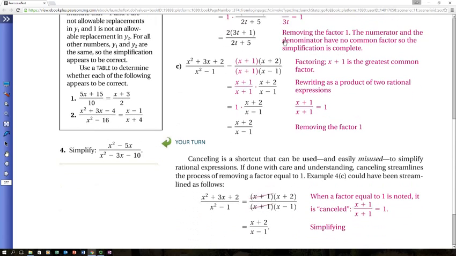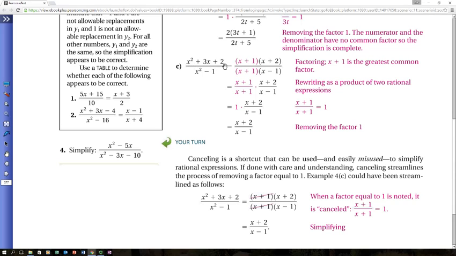In this example C, we have a trinomial over a binomial. So I look to factor this. First thing, you try to find common factors in this numerator. Well, there's an x and an x, but no x here, so no common factors. Then, with a trinomial, I look for a perfect square trinomial.